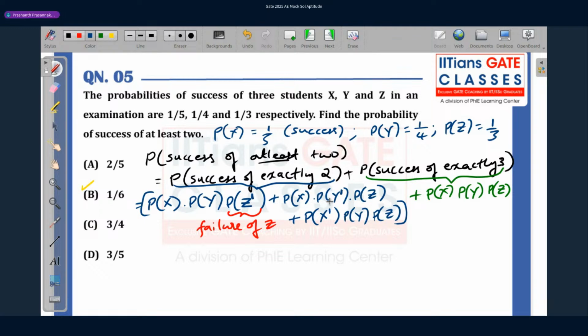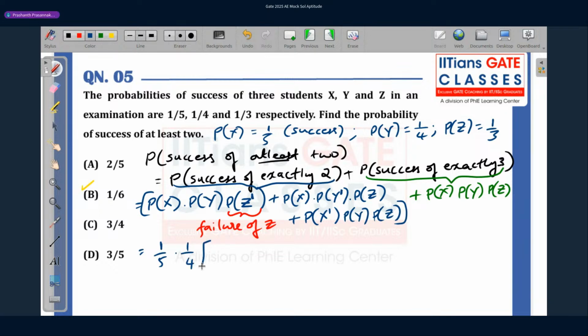Is it clear how I'm writing all these equations? That much is clear. Then all that remains is substitution. What is probability of success of x? 1 by 5. Success of y is 1 by 4.